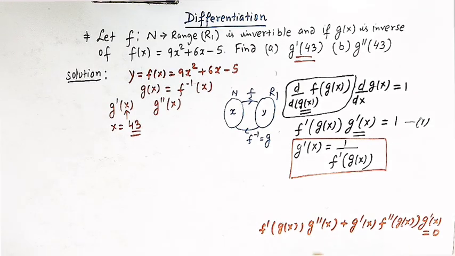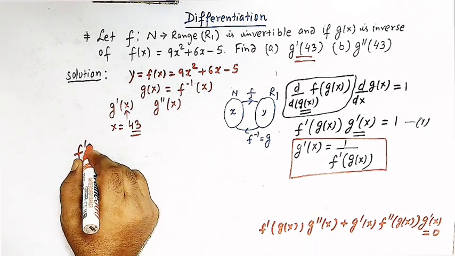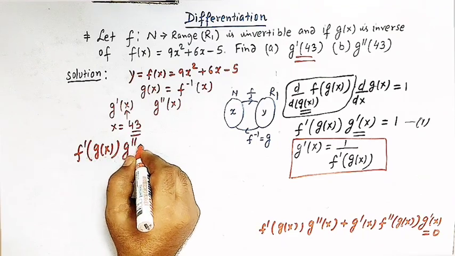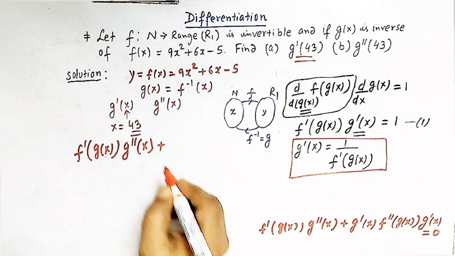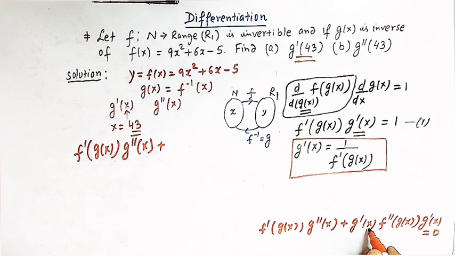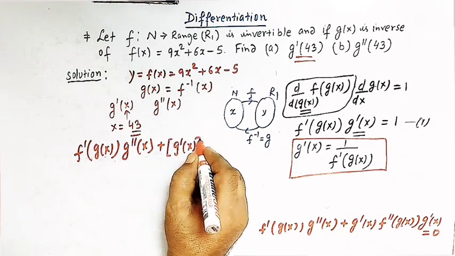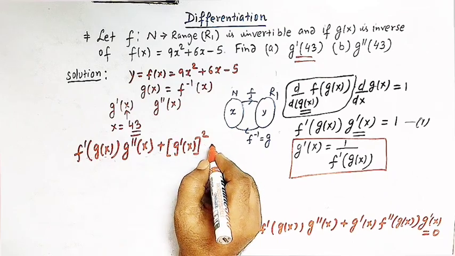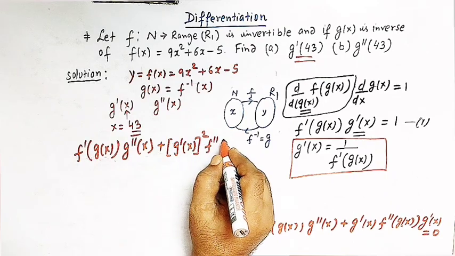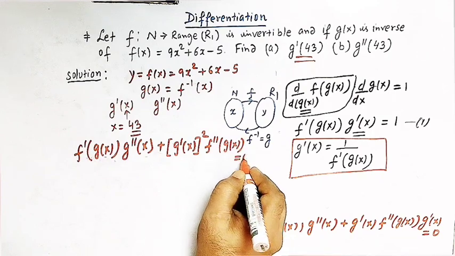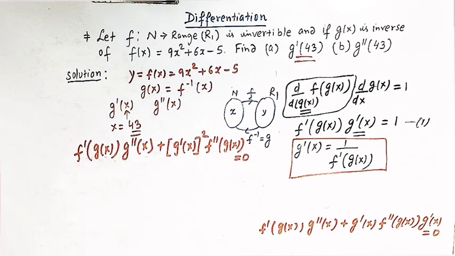Now let us rearrange the terms. We have f prime of g of x and g double prime, and then g prime of x and g prime of x. Multiplying these two together, we have the square of g prime of x, and then we have f double prime of g of x, and this is equal to 0.